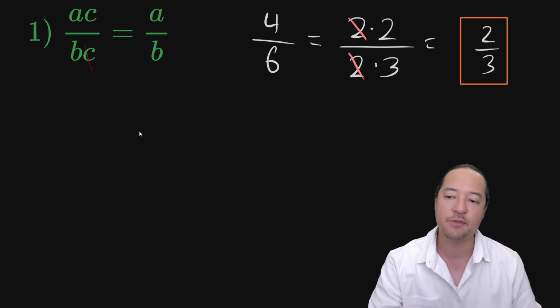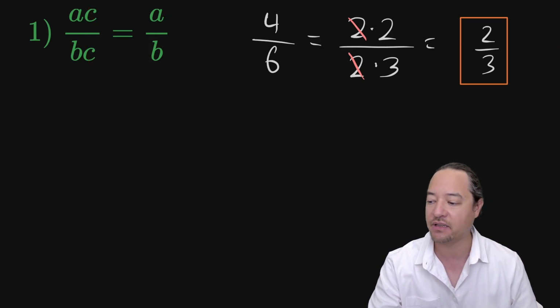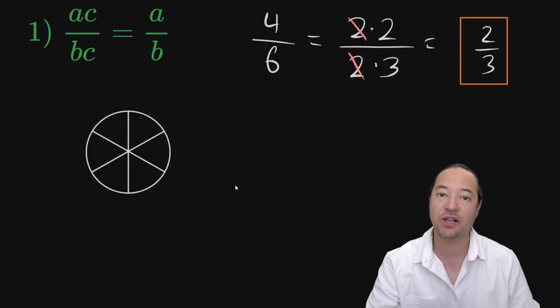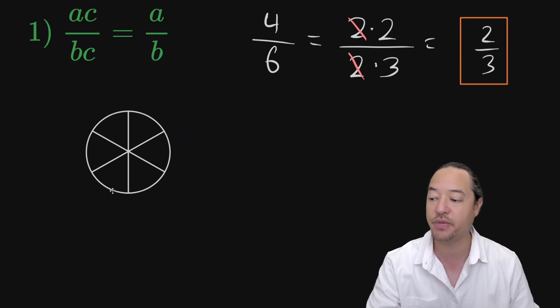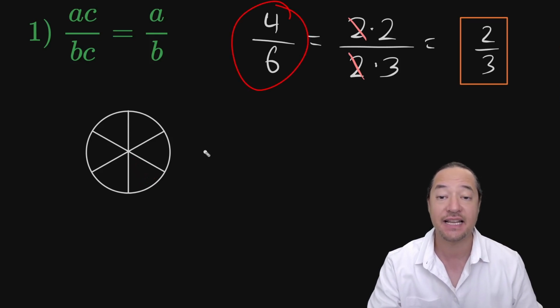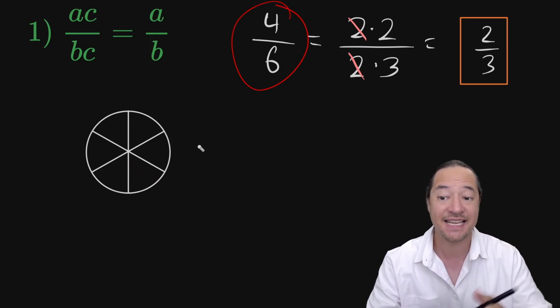Let me try and demonstrate this a little bit graphically. Okay, so what if I have a little pie. I've got a little circle, I've cut it up into pie pieces, and I've cut it up into 6 equal pieces. So each of these pieces is 1/6 of the whole entire object. Well, what this fraction is saying is that I have 4 of these 6ths.